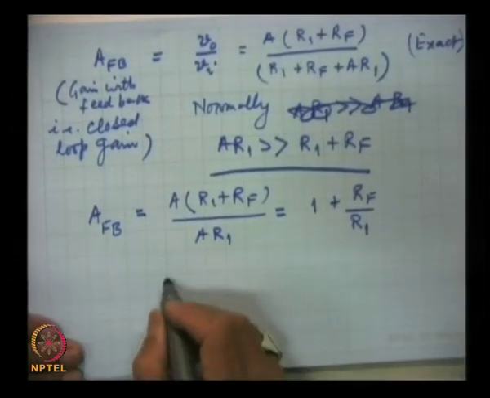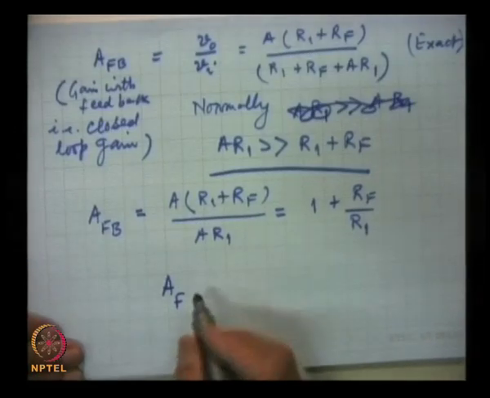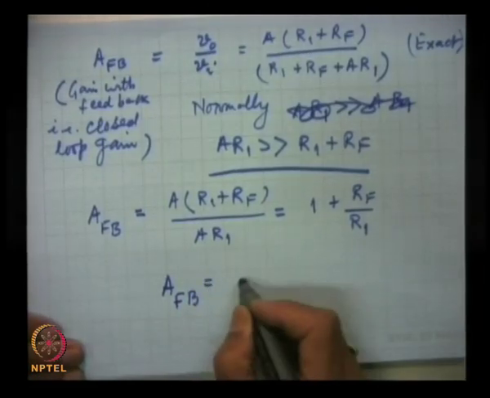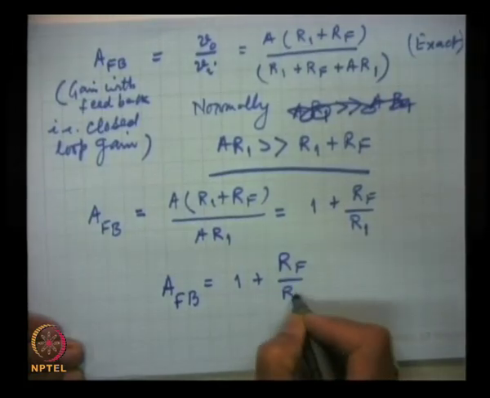This is the gain of the non-inverting amplifier with feedback.